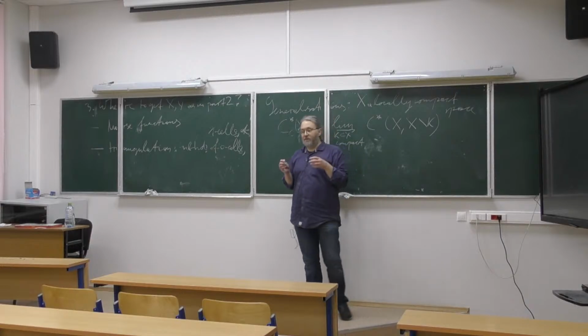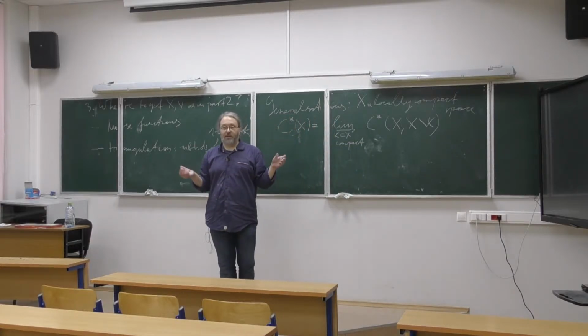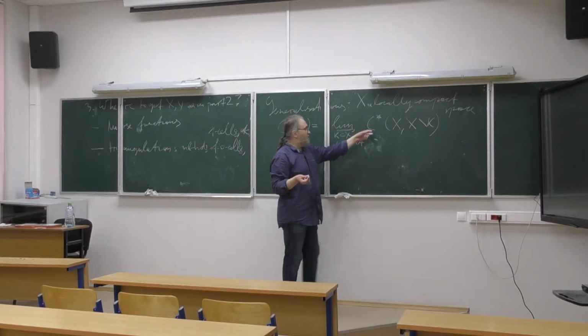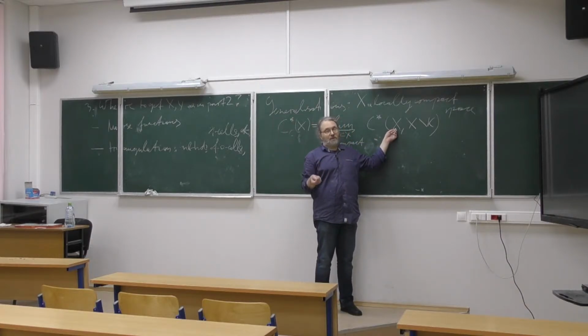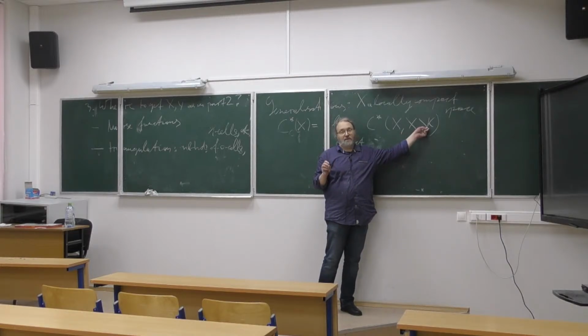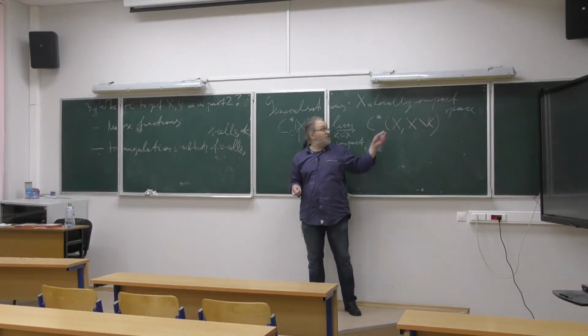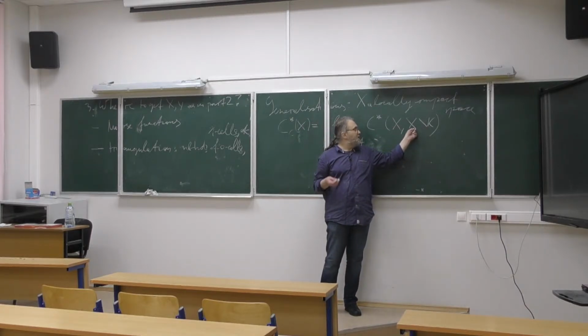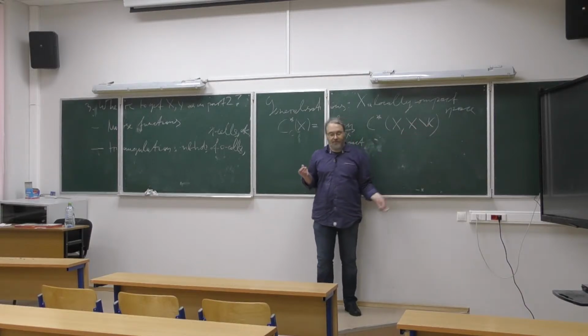Let's take any compact subset and let's call it K. Now, let's consider all singular cochains which have 0 on singular simplices which lie entirely inside X minus K. They may not intersect K, meaning they're entirely inside X minus K.